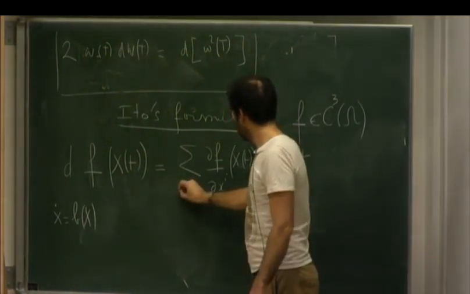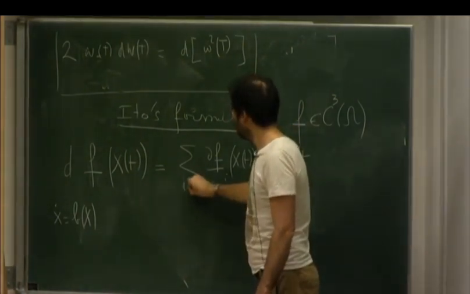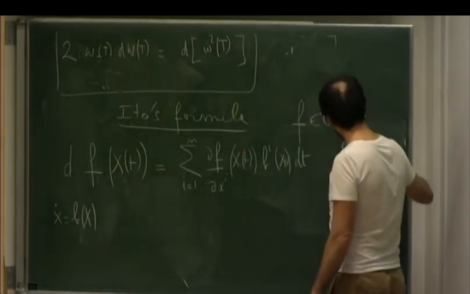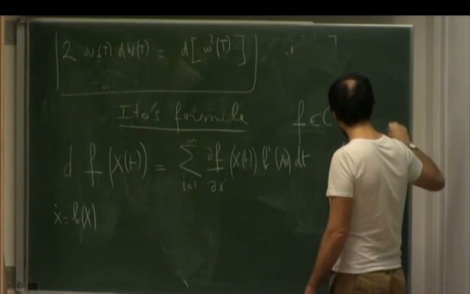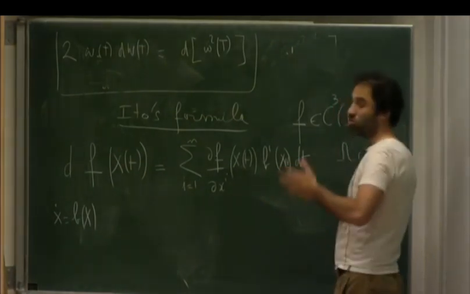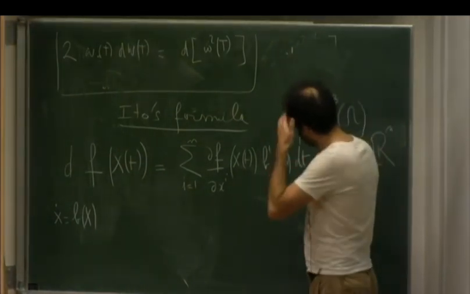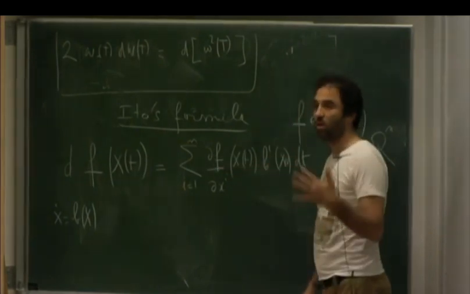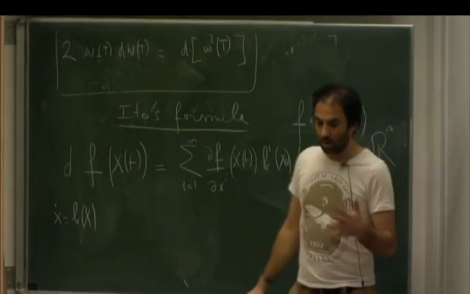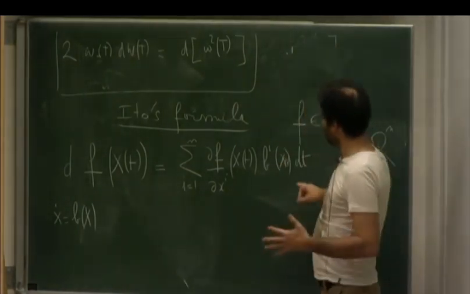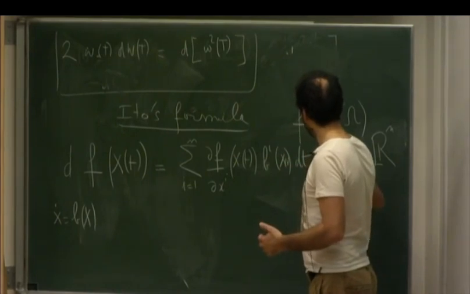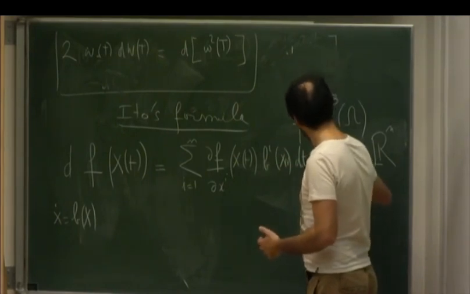This is if we are in dimension n, so omega is any kind of domain in n dimensions, dimension 2, 3, 4, whatever. So that's it. This d of f is called the linearized form, and that's it. And the rest you have terms of dt squared, which I don't care about.